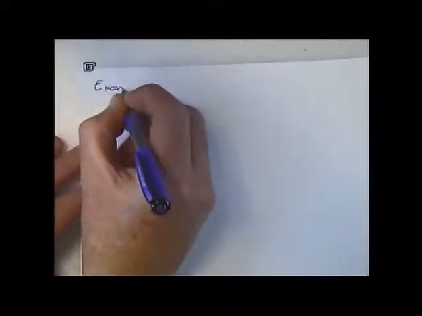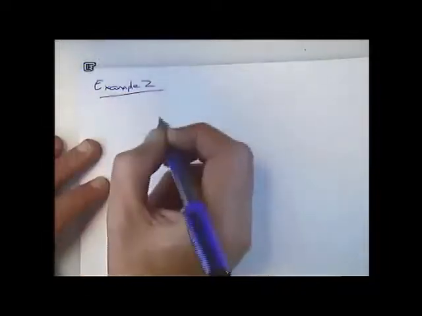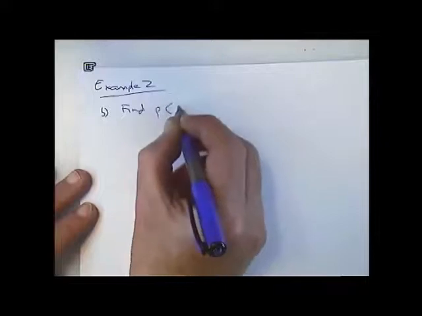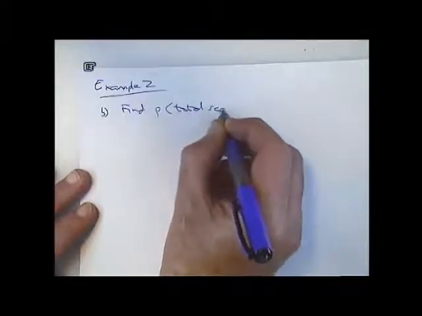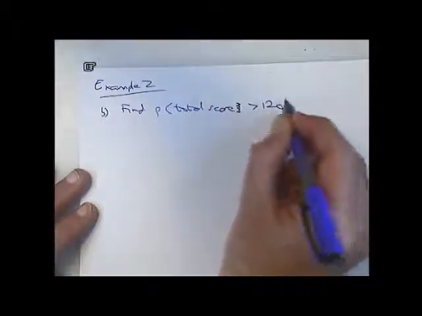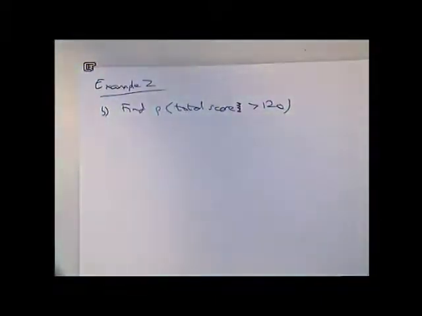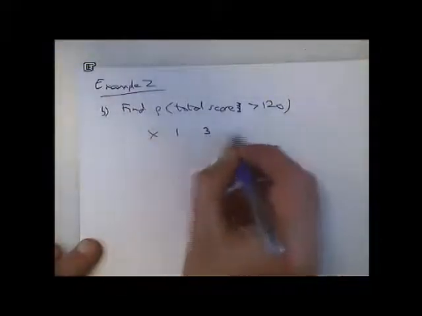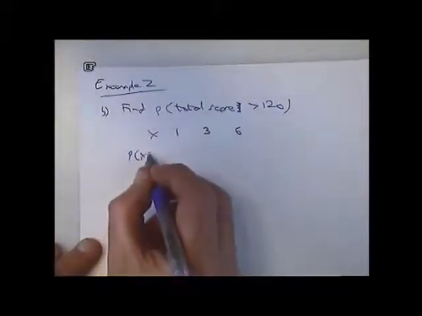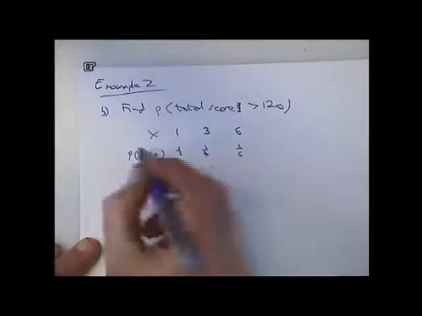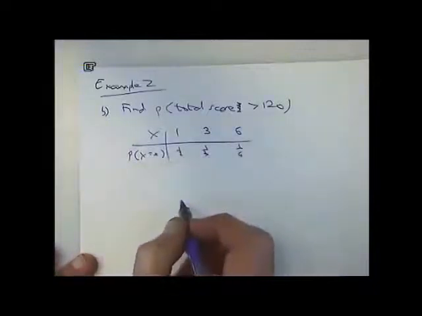So it's still example 2, but it's part B now, and that is find the probability that the total score is greater than 120. And just to recap what we had previously, x was a dice that either gave us 1, 3 or 6, and those probabilities were a half, a third and 1/6. This is what we had last time.